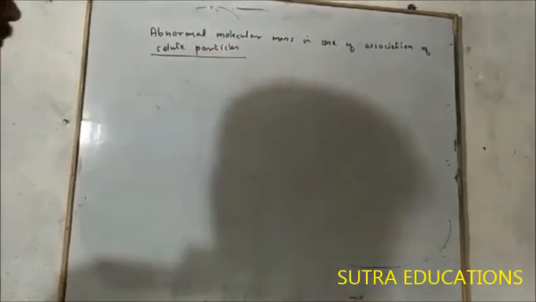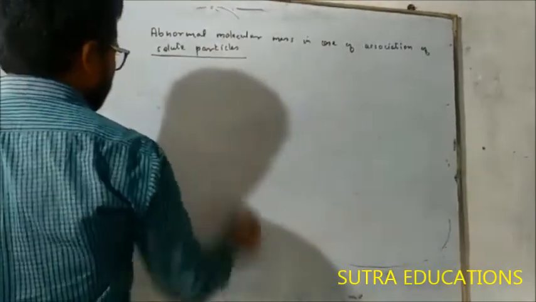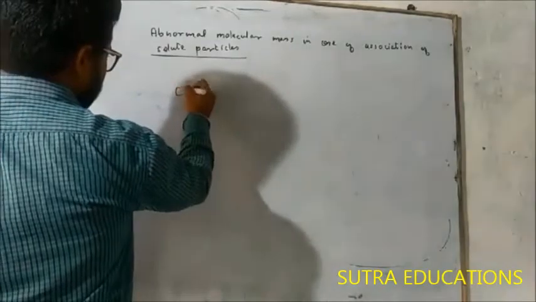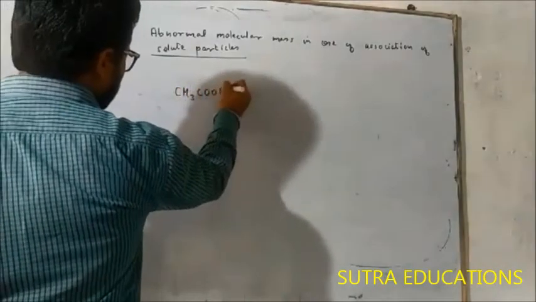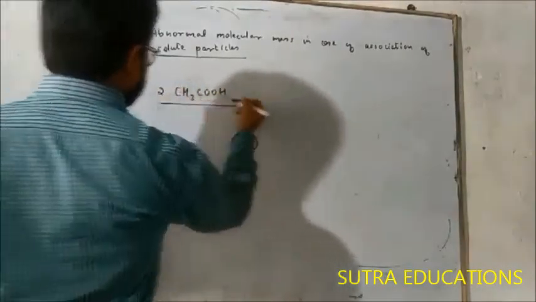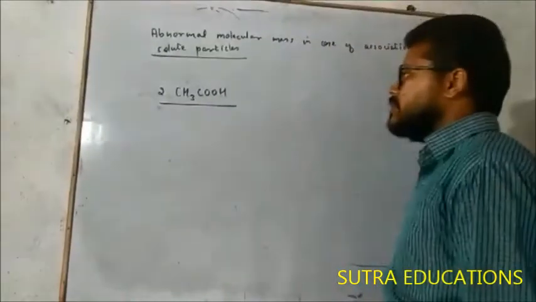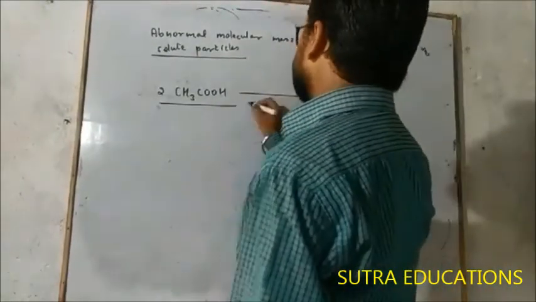Say it is CH3COOH, 2 moles of CH3COOH in benzene.